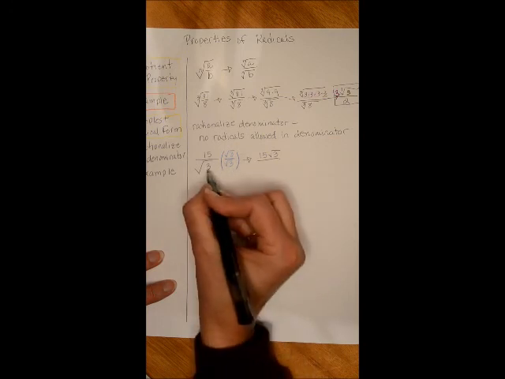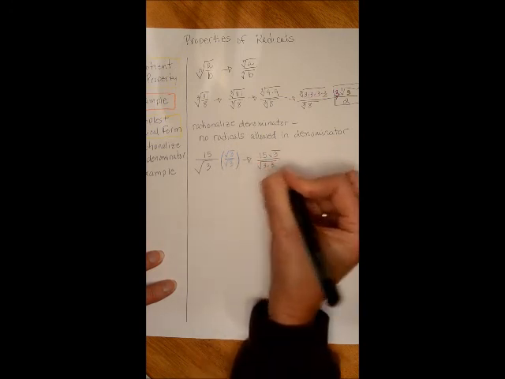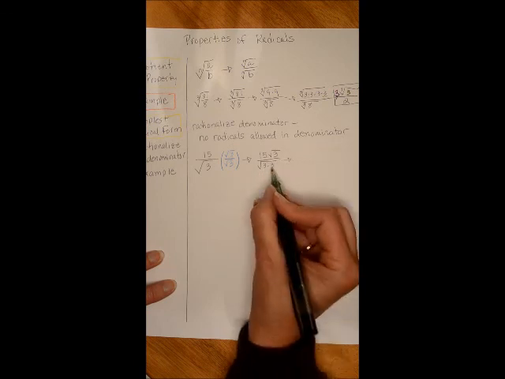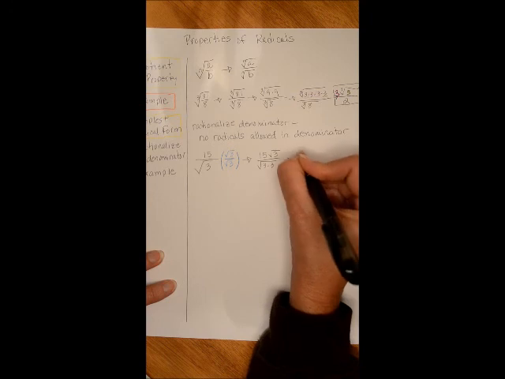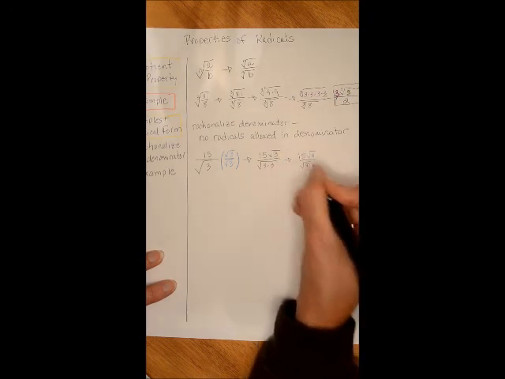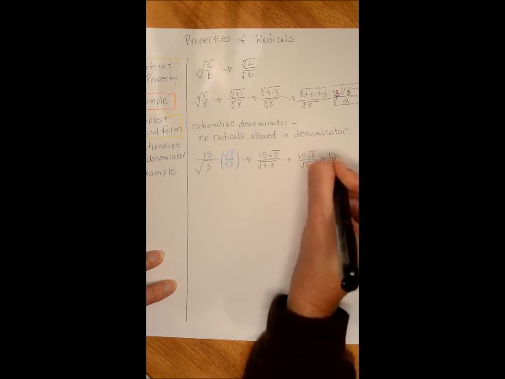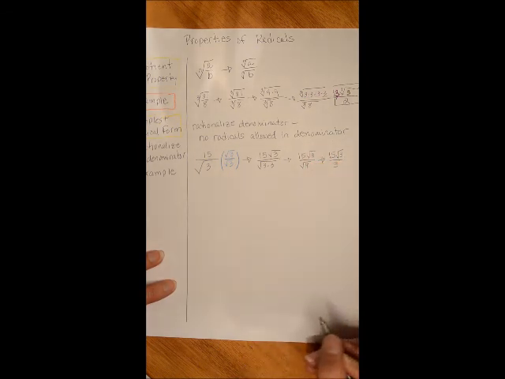On the bottom, I'm going to end up with square root 3 times 3, or I have 2 3's. I only need 2 to take 1 out. Or here's another way to look at it. That's square root 9. And you know the square root of 9 is 3. So I have 15 square root 3 all over 3.